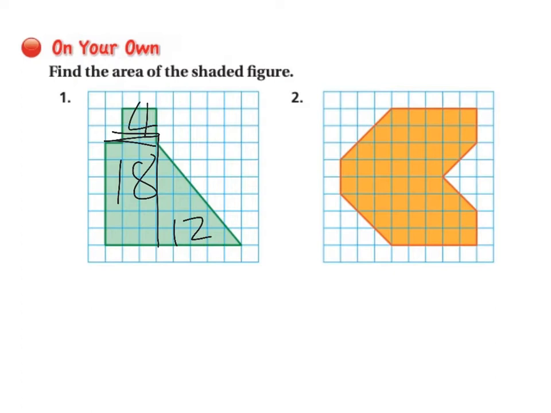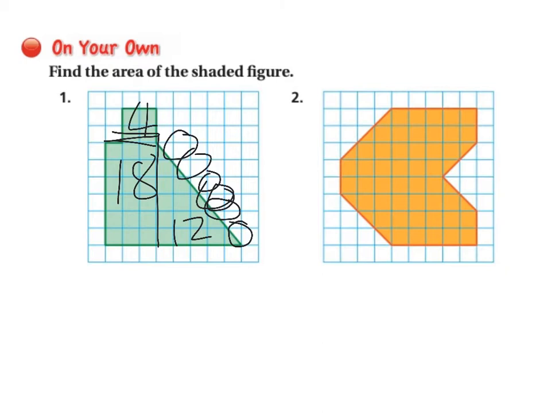So there's 1, 2, 3, 4, 5, 6, 7, and I counted this one as a full square, this third one down.